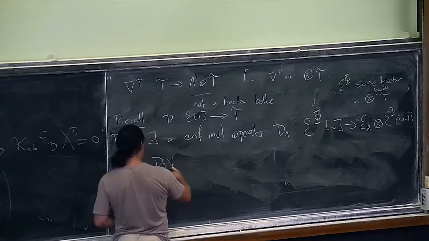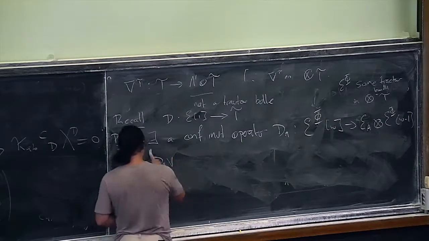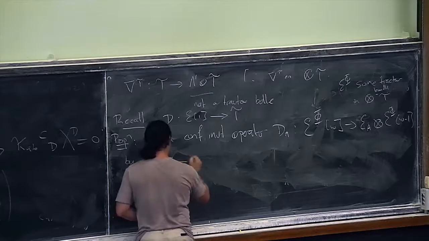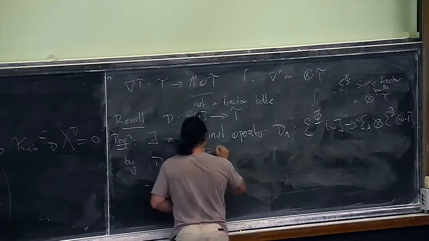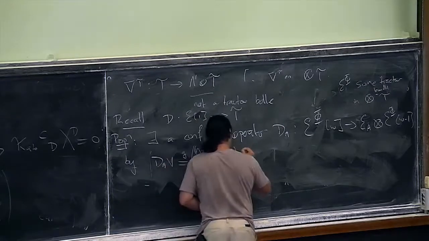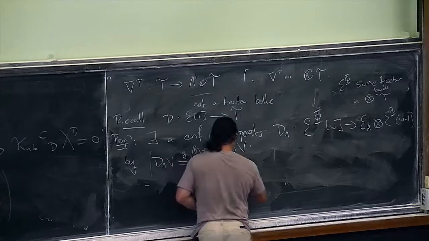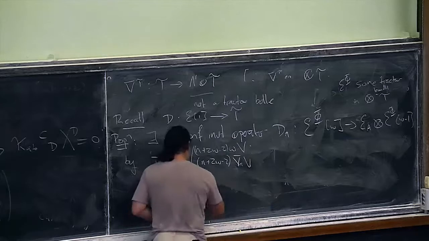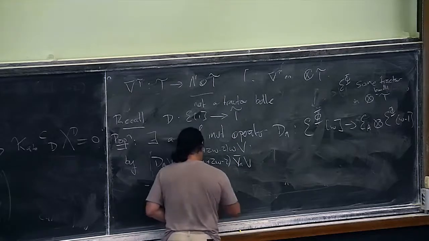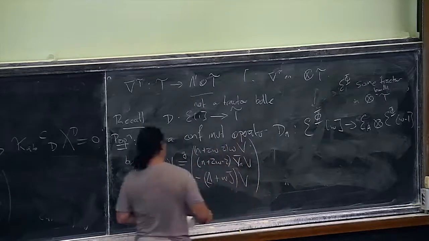So here's this thing with all its indices suppressed. When you calculate in a metric, it is given by this formula here: n plus 2w minus 2, the weight, times the thing you started with; n plus 2w minus 2, the derivative with the tractor connection of the thing you started with; and minus the Laplacian plus w times the trace of Schouten acting on that thing.